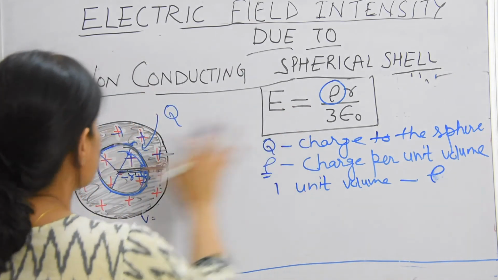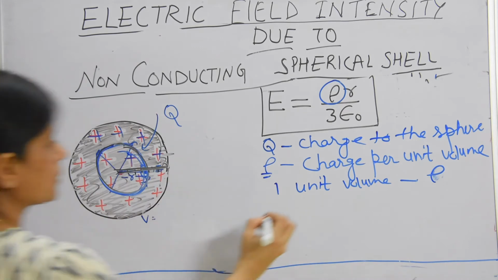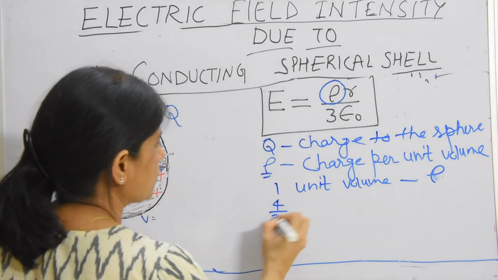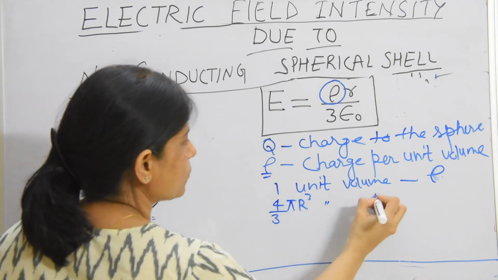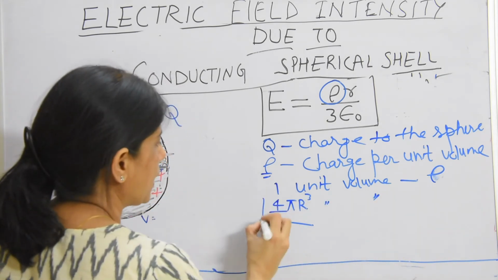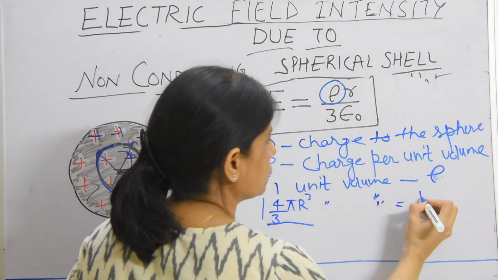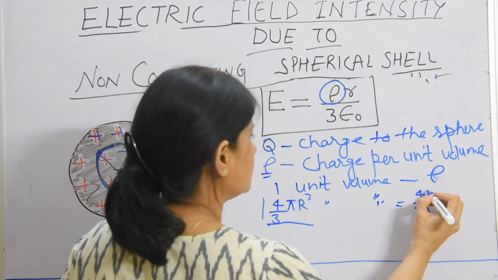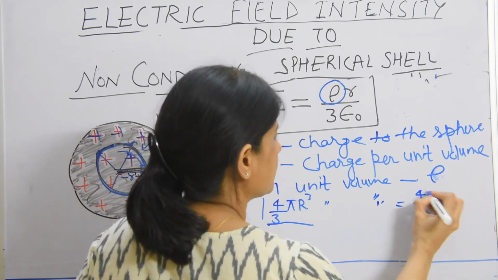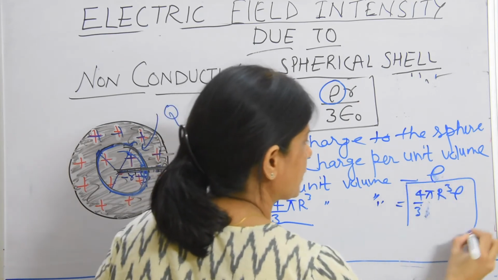In this whole volume, the volume of the shell is 4 upon 3 pi r cube. In 4 upon 3 pi r cube, this shell's volume, what is the charge? 4 upon 3 pi r cube into rho. This much charge we have calculated.